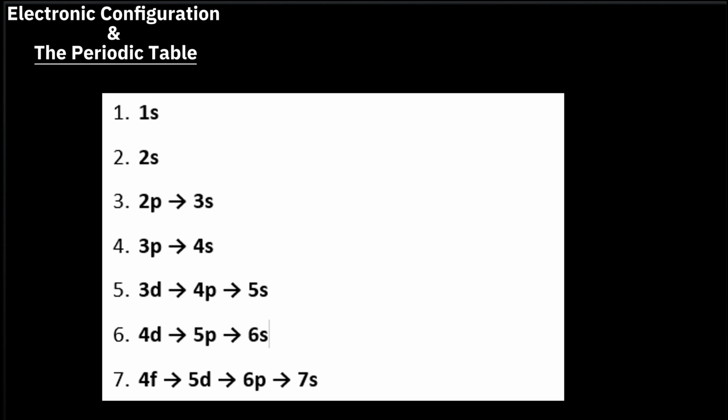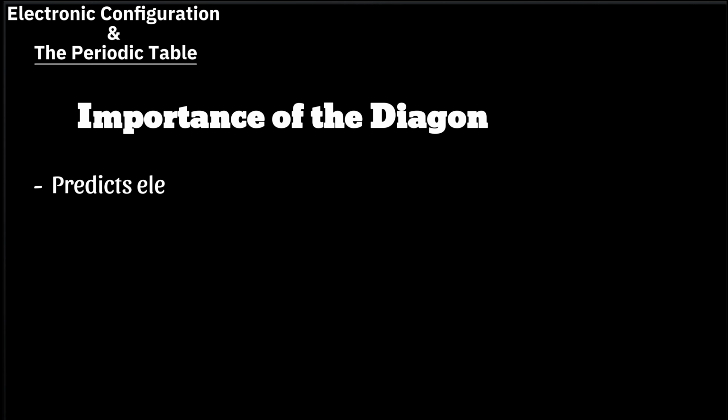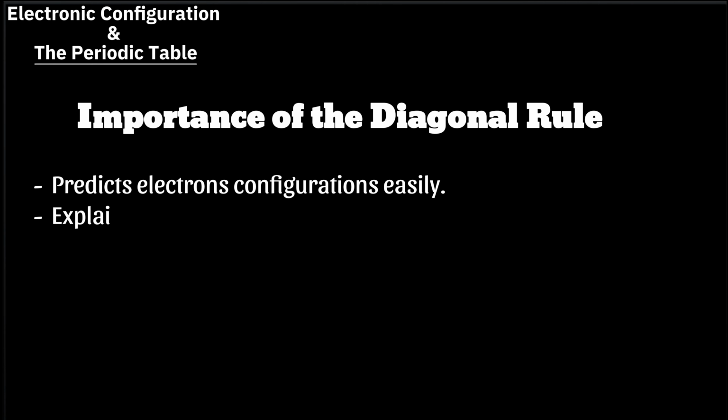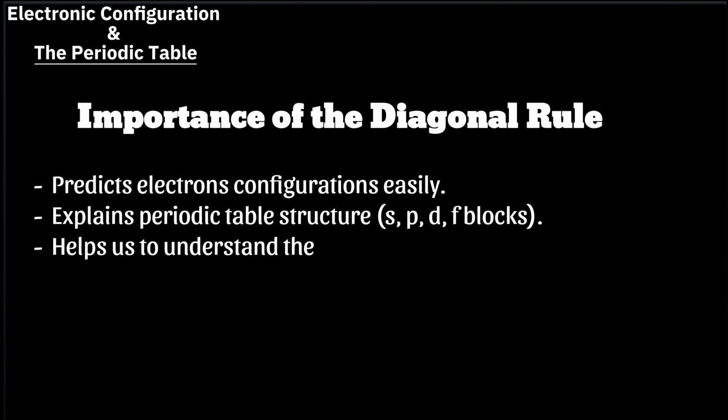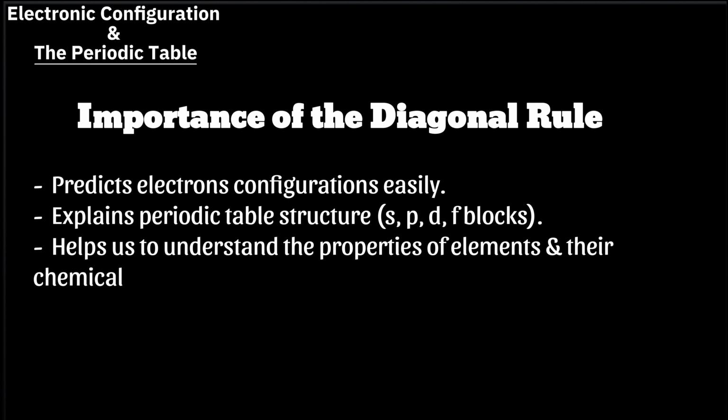Just as illustrated, you go up, you come down, you go up, you come down, all in the correct order. The diagonal rule is important. Why? Because it predicts electronic configuration easily. Number 2, it explains the periodic table structure.